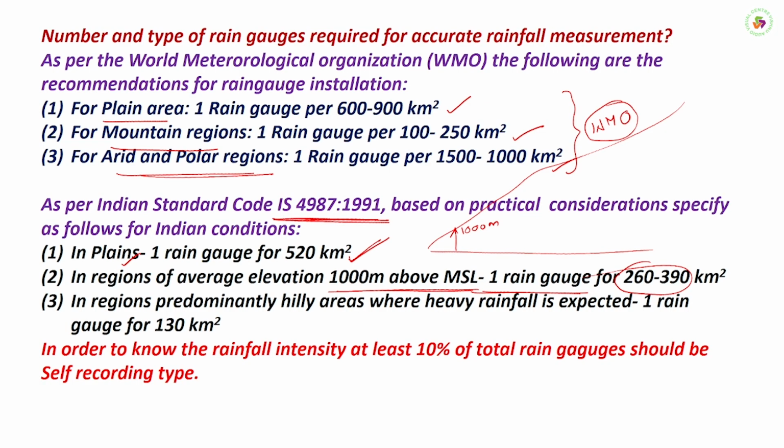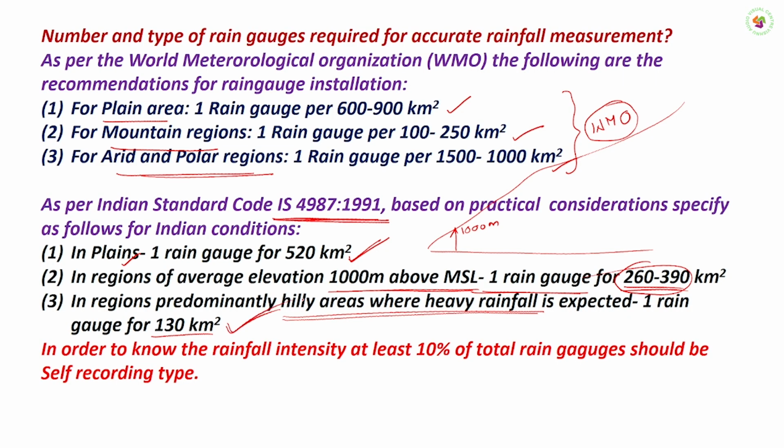So this is one. So that's why in the northeast, the rainfall is very, very high, and the rain gauge density there is one per 260 to 390 square kilometers. Whereas very hilly areas where heavy rainfall is expected, that means inaccessible points, where the terrain is so hilly, because it's not like an elevated land, it's continuously changing, there one rain gauge for every 130 square kilometers is the norm.